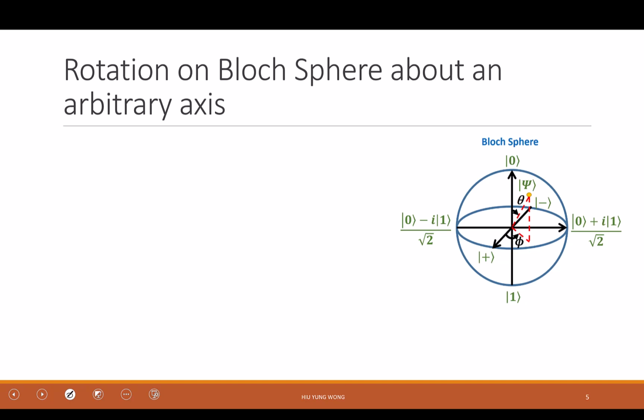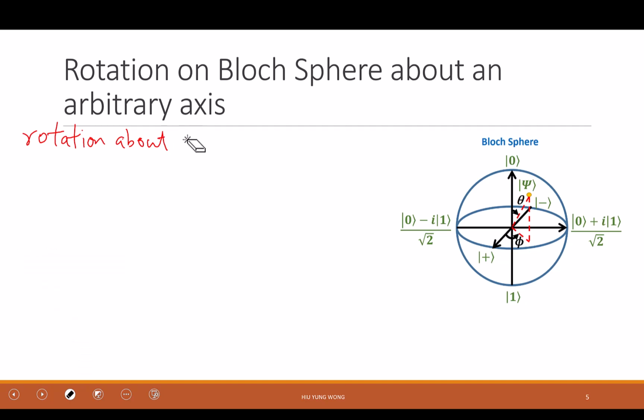So on a Bloch sphere, if I want to rotate it about an arbitrary axis, let me just write down. I want to rotate about n.